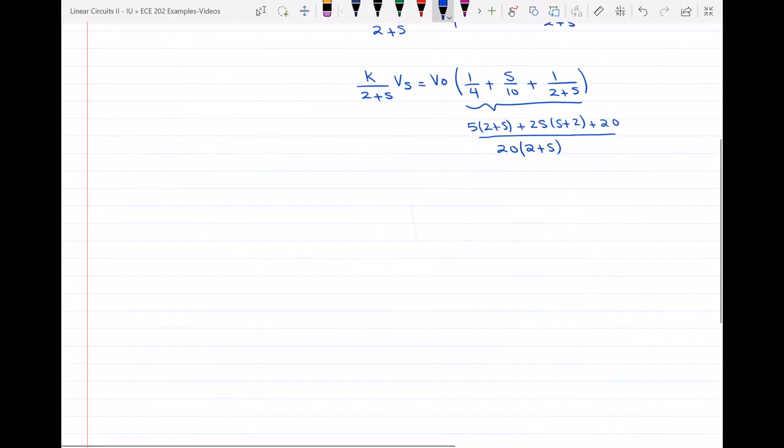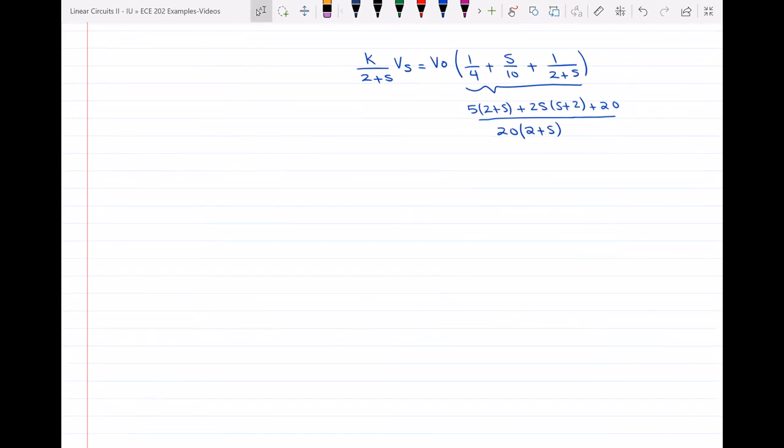All right, so here what I have is K over 2 plus S V of S. That is equal to 10 plus 5S plus 2S squared plus 4S plus 20 over 20 multiplied by S plus 2.